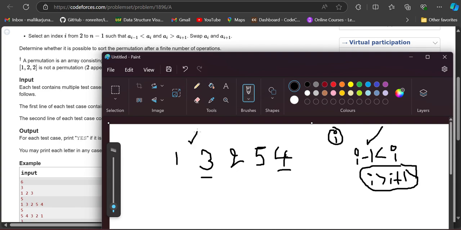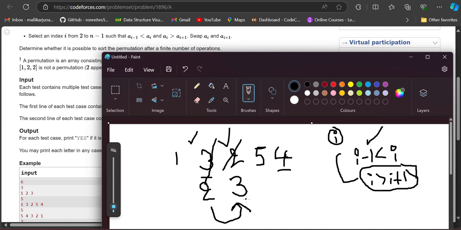Yes, it is. And is it greater than A[i+1]? Yes, of course, 3 is greater than 2. These two are satisfied, so we have to swap. We keep 2 here and 3 here. Now it contains 1, 2, 3, 5, 4. Now we increment from index 1 to 2 and check this. 2 is less than 3, of course, and is 3 greater than 5?